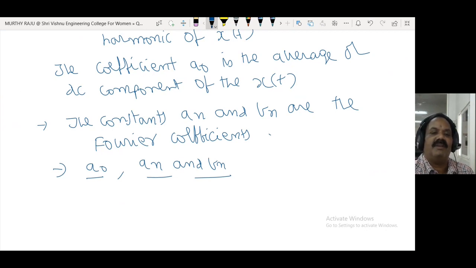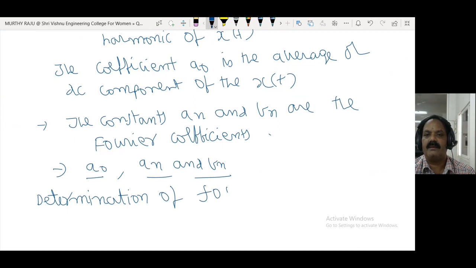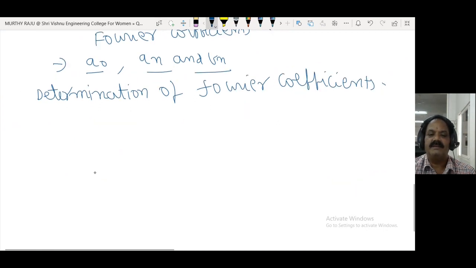Determination of the Fourier coefficients.